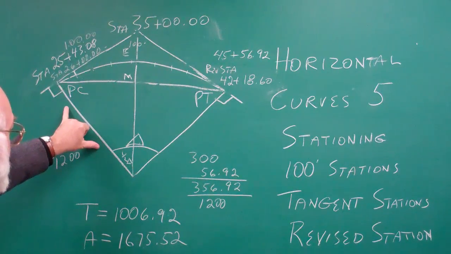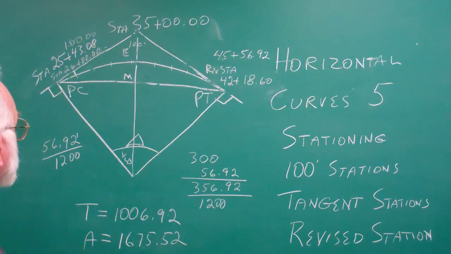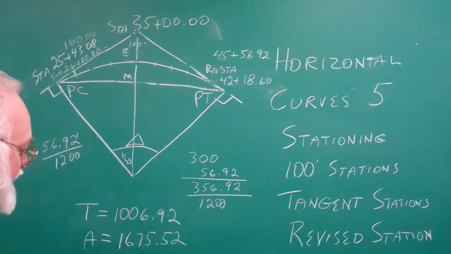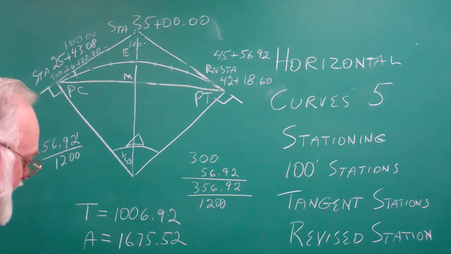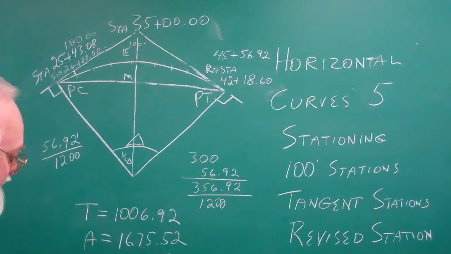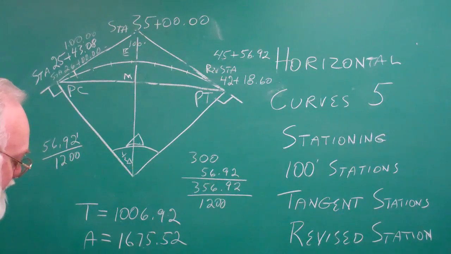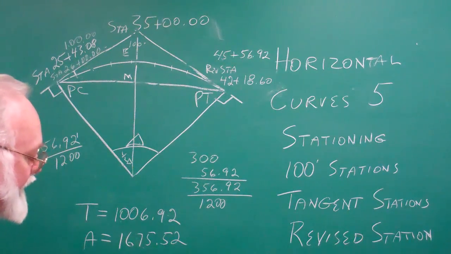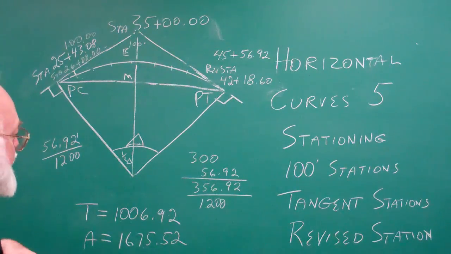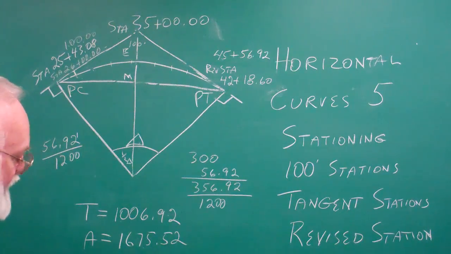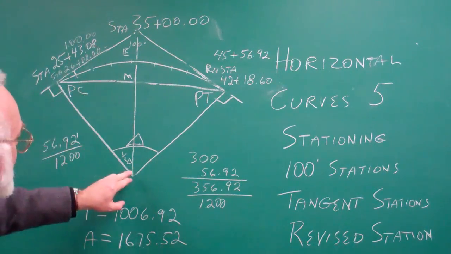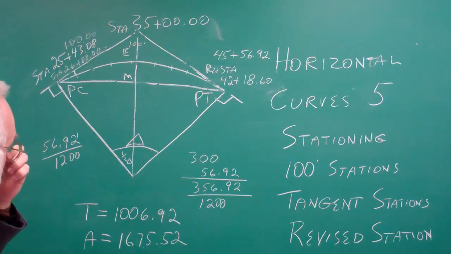You've got a 1,200-foot radius. Take the arc length, 56.92, divide by 1,200, and you get this little tiny figure of 0.0474333333. That's your radian angle measurement for this central angle.